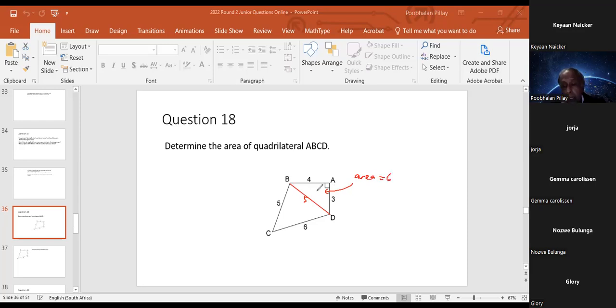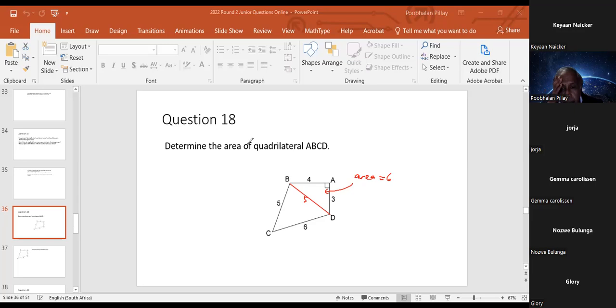Right, so the Pythagoras' theorem tells you that if two sides are 3 and 4, then the next side would be 5: 3 squared plus 4 squared, square root of 25. So now you've got a little bit more information. You've got 5, 5, 6. We still don't know the area of this triangle because we don't have the height.